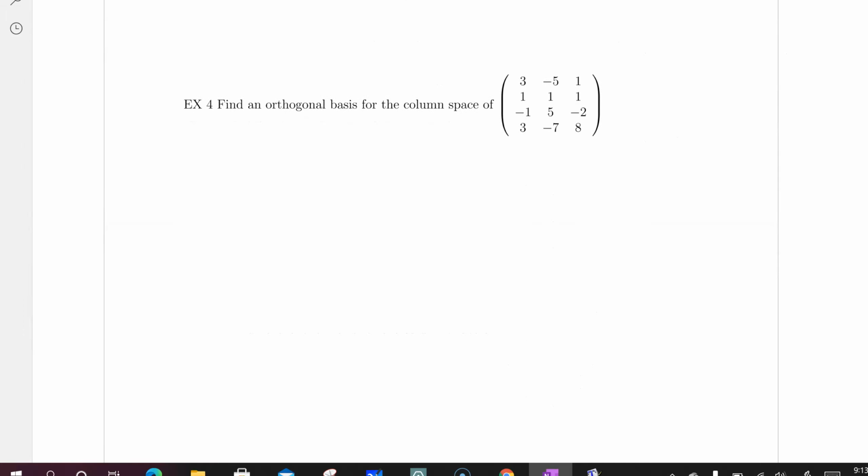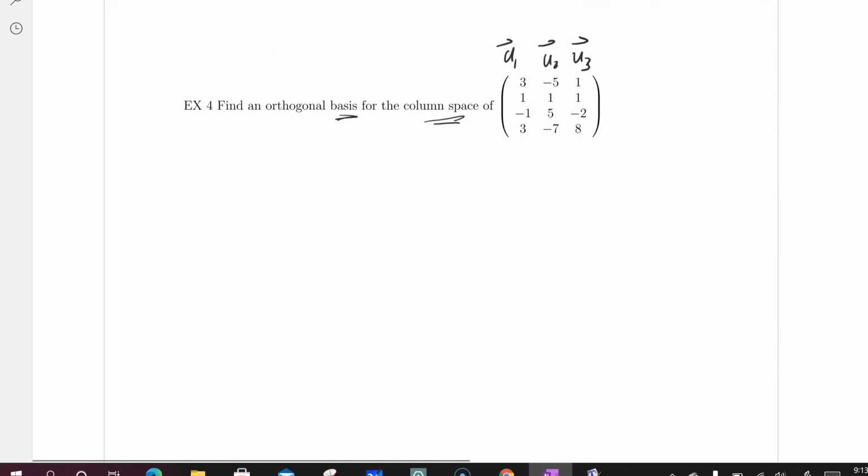Okay, this one I am going to leave for you to do. To find an orthogonal basis for the column space of this matrix, this is the vector u1, this is the vector u2, and this is the vector u3.